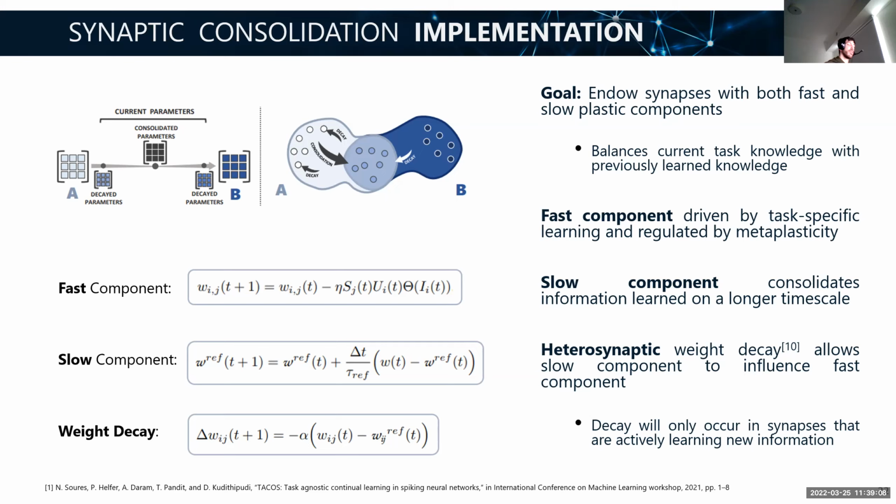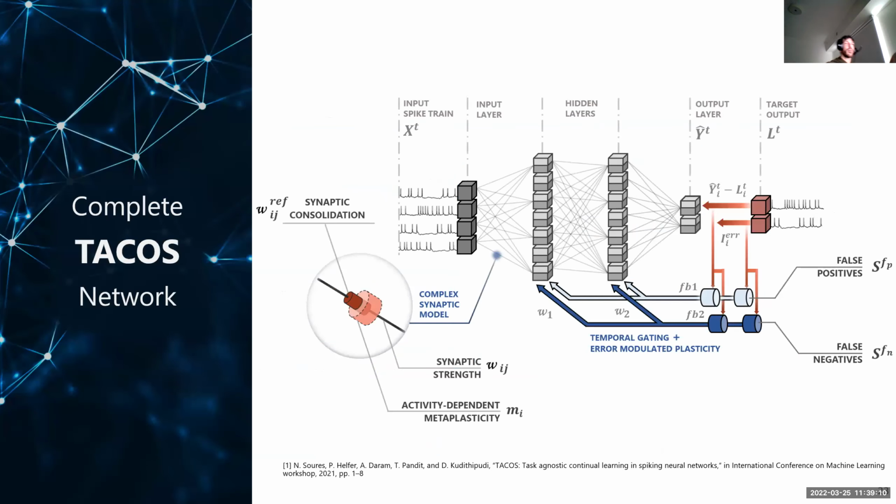So by combining all of these together, we have the complete TACOS network. You have your ERBP, event-driven random backpropagation, driving your learning to your output and hidden layers, and your synapses are undergoing plasticity driven by this surrogate gradient learning rule, but now protected by both your activity-dependent metaplastic state and your reference weight of synaptic consolidation.